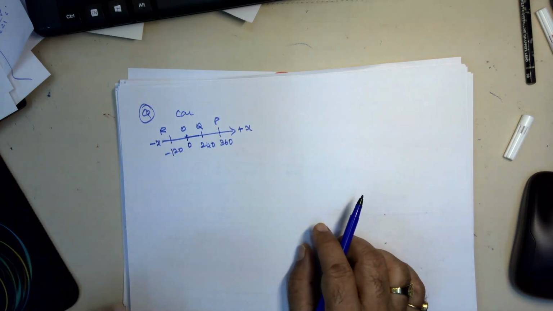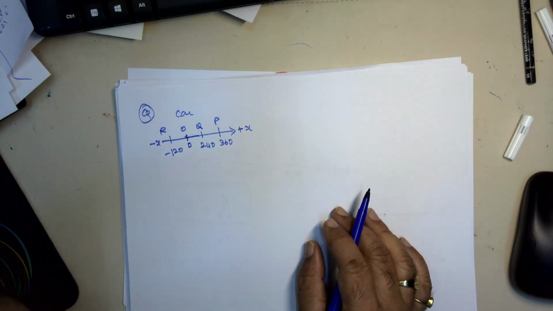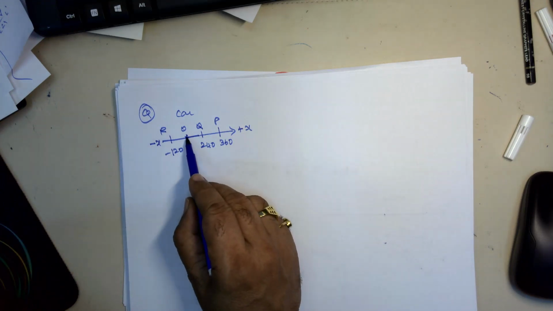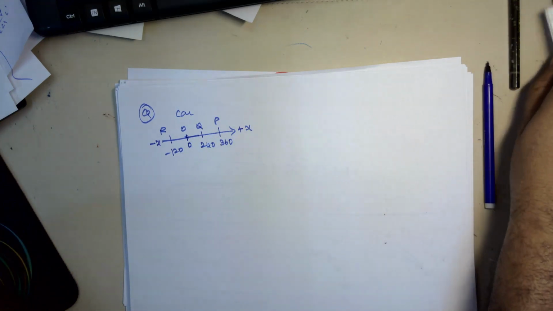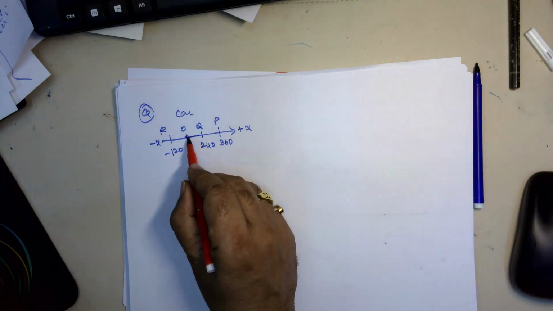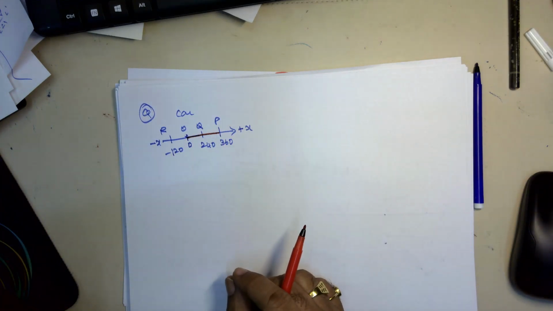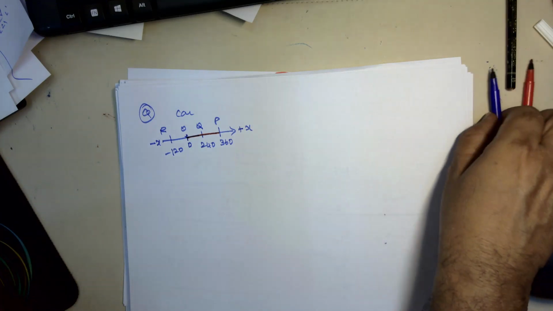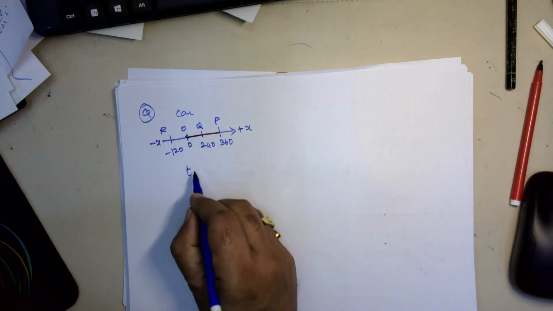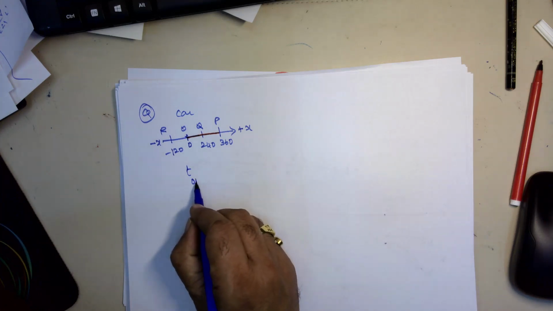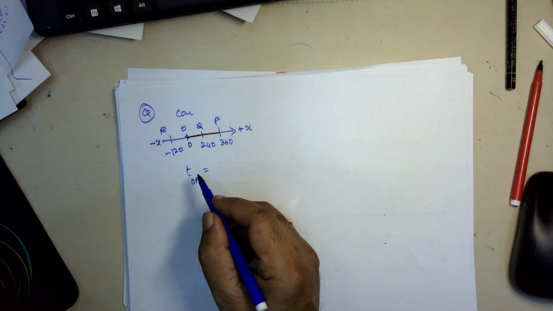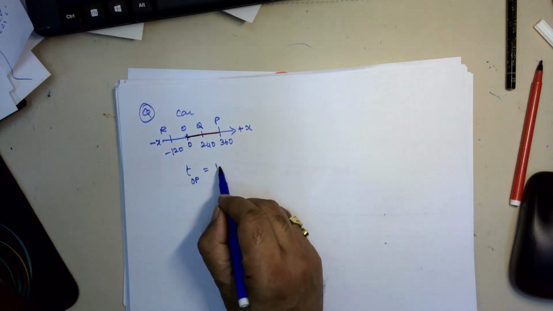So a car is moving along a straight line, say OP. From here to here it's traveling. It moves from O to P in 18 seconds. So the time taken for OP is 18 seconds.